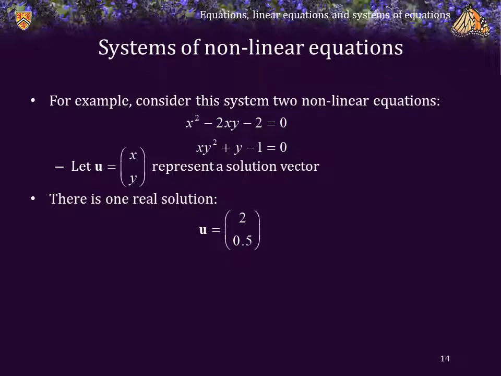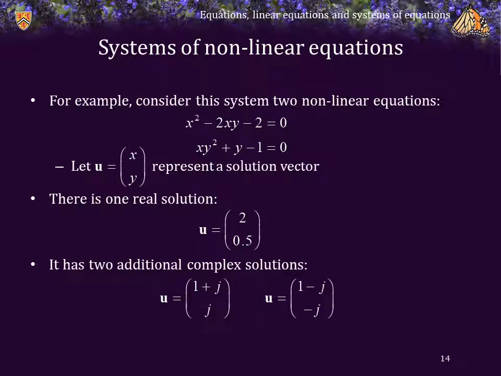So if x is equal to 2 and y is equal to 0.5, both of those equations are satisfied. If you allow complex solutions, there are two additional solutions, including x being 1 plus j, y being j, and x being 1 minus j and y being negative j.